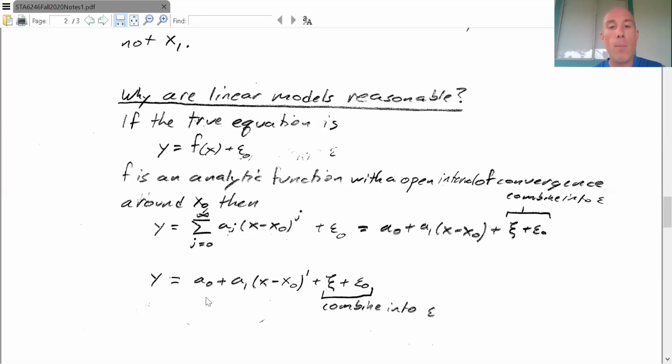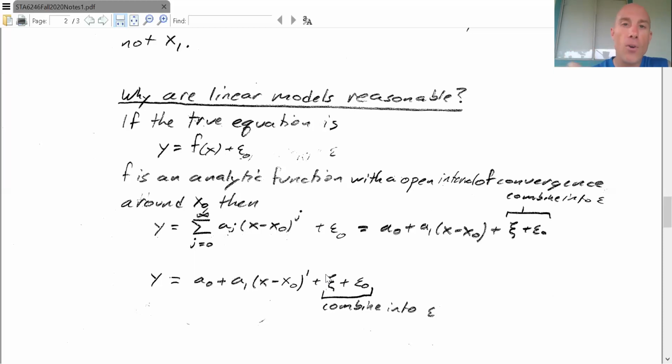Remember that if I take the degree 1 Taylor polynomial, I have something of this format, and I'm only doing one variable. This generalizes to multiple variables. I have the constant, the first coefficient, times x minus the reference point to the power of 1. And then I have an error term, and that error term is bounded.